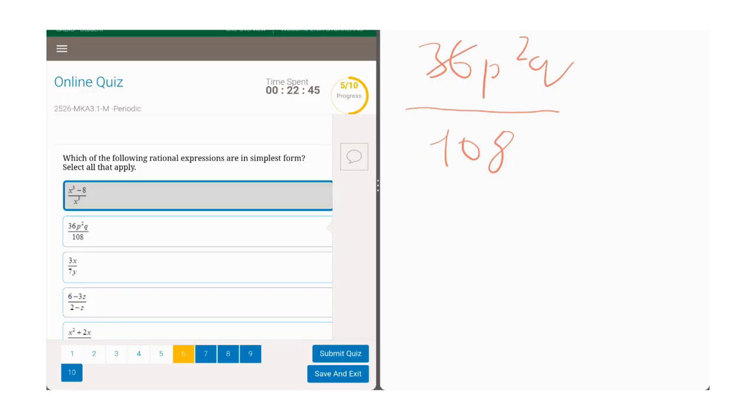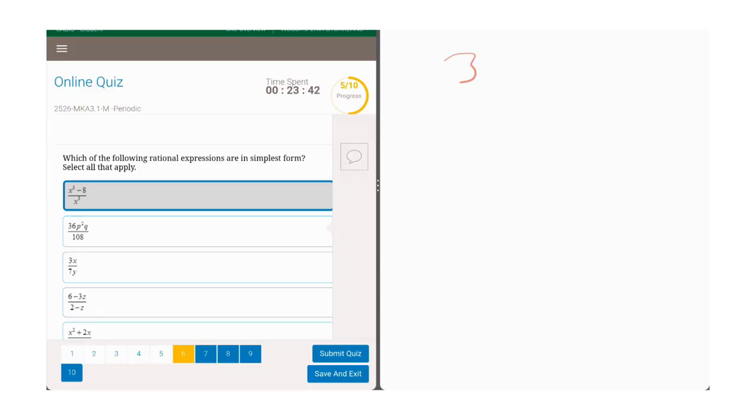Divide 36 by 36, you get 1, and 108 divided by 36 gives 3. Because you simplified the numerator and the denominator, this expression is not in simplest form, because now we have p squared q over 3 instead of the old rational expression. It's different, and that means it's not in simplest form.